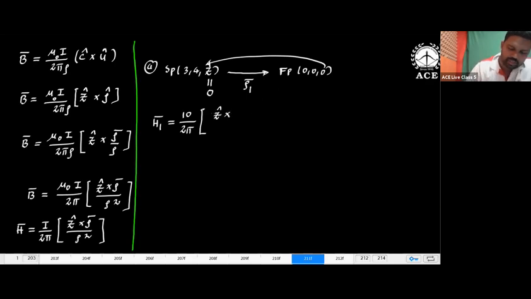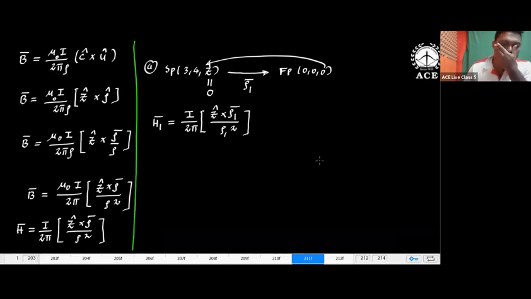First, let me write down the formula. I by 2 pi into Z cap cross rho 1 vector by rho 1 magnitude square. Clear? So just substitute here.